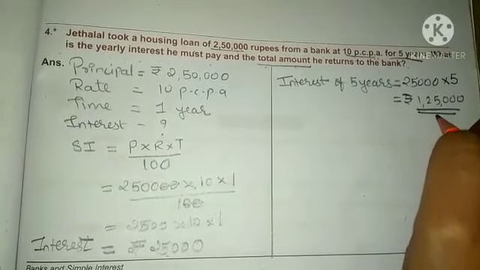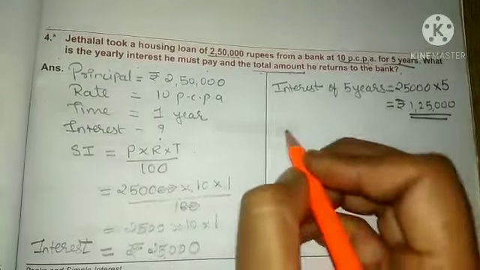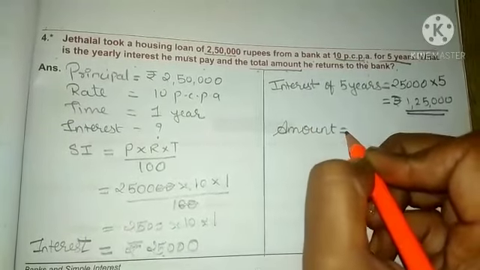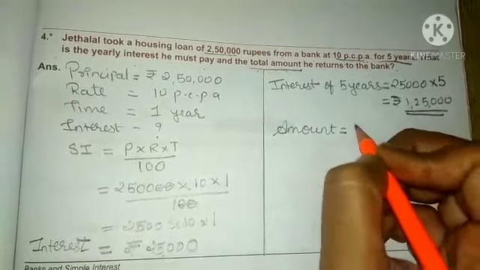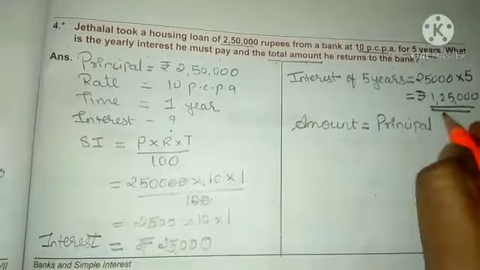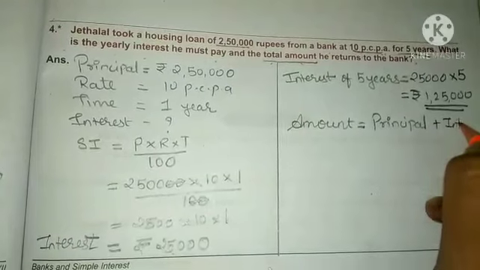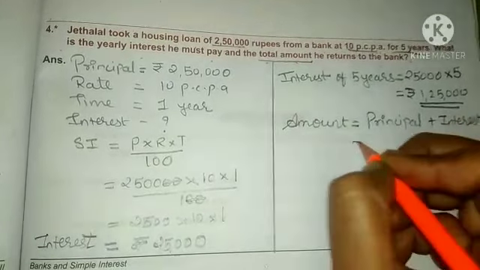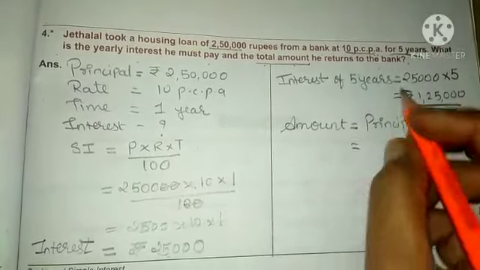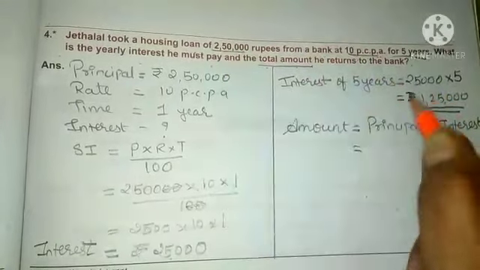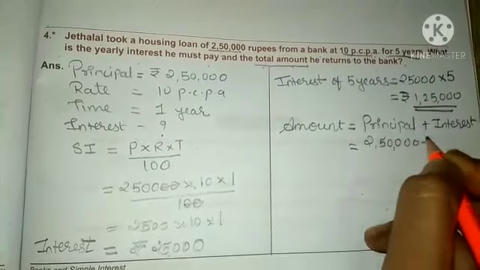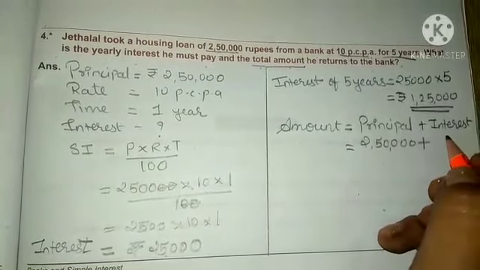Clear? Now we have to find out the total amount. So what will be the total amount over here? What is the formula for finding the amount? Amount is equal to principal plus interest. Clear? So here your principal, what is the principal given in your question? That is 2,50,000. So here we will write down 2,50,000. Clear? And what is the interest of 5 years?